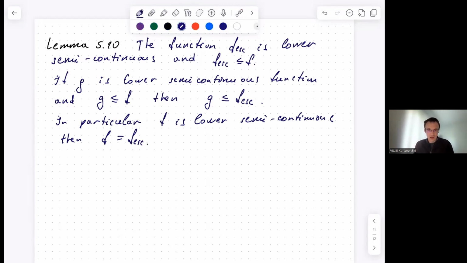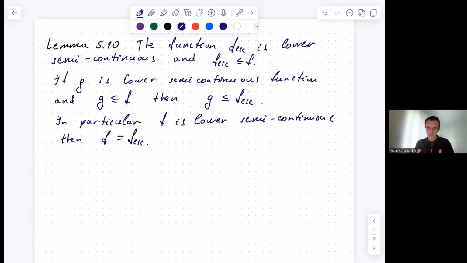Okay, and now we want to prove that statement, since it will be exactly the way we will build the lower semi-continuous rate function associated with some large deviation principle, for a rate function that is not lower semi-continuous. Our idea will be, we will consider a function I that is not lower semi-continuous.